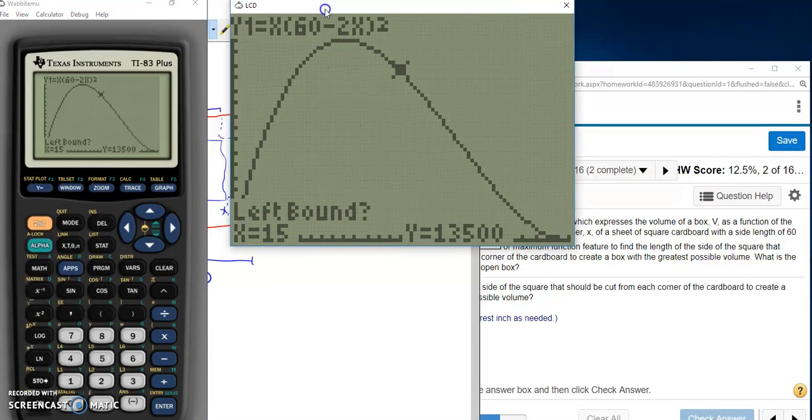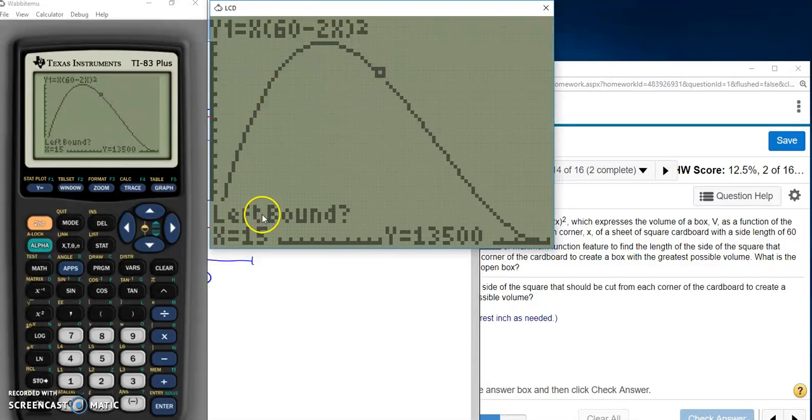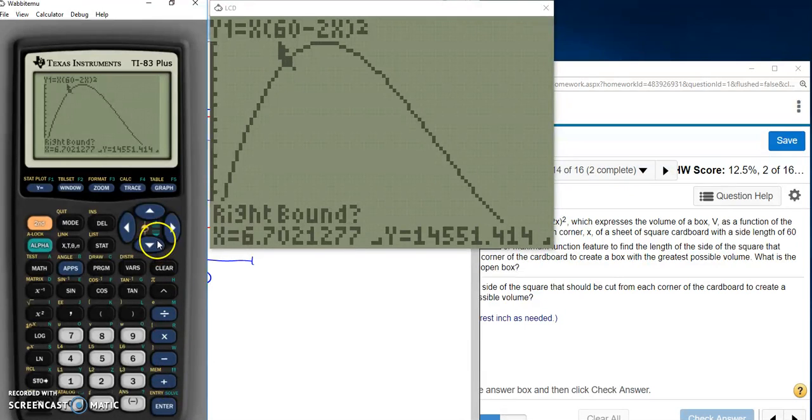It says left bound, meaning it wants to know the left side of the maximum. So anywhere on the left side, it doesn't matter, I'm going to hit enter. And then anywhere on the right side, I'm going to hit enter.